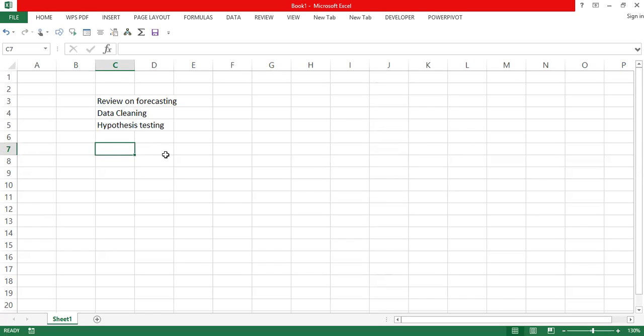The two popular kinds of tests, particularly parametric tests, the two most popular, even if it's not parametric, they are mostly test of mean and test of proportions. Okay.